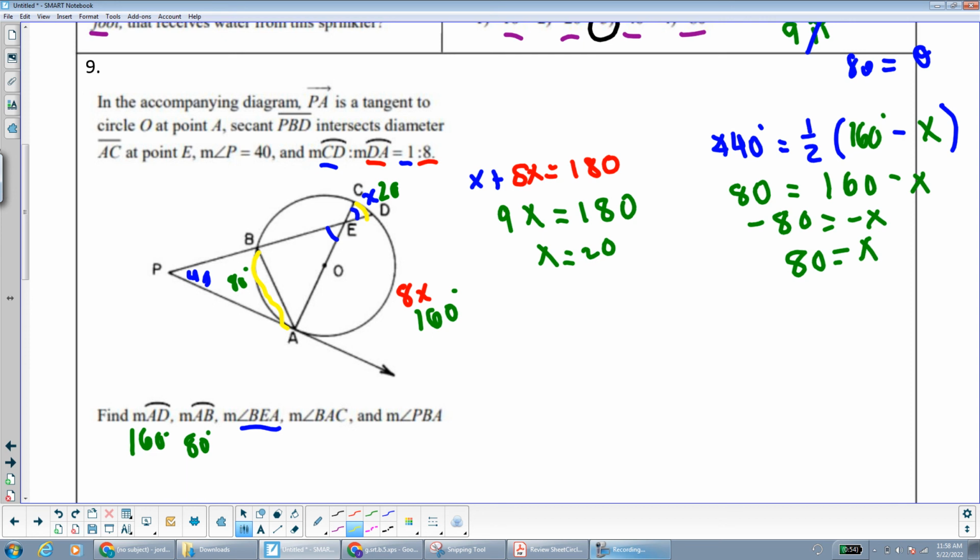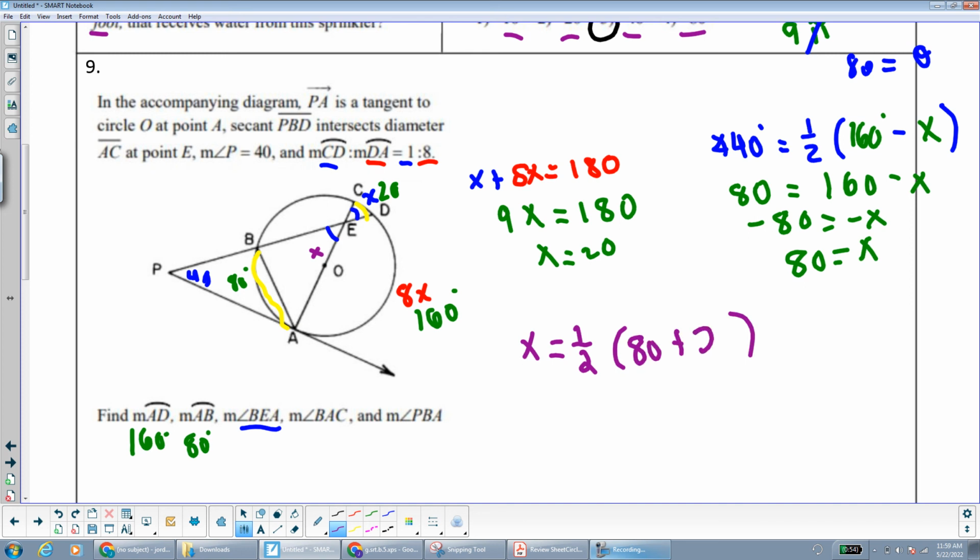So remember, the vertical angles, whenever we have intersecting chords, or you can also think of it as anytime we have angles inside the circle that we're solving for, are equal to half the sum of their intercepted arcs. So if I call this x, the angle that we're solving for, I know that it is equal to half the sum, that's plus, of the intercepted arcs. So that would be 80 and 20.